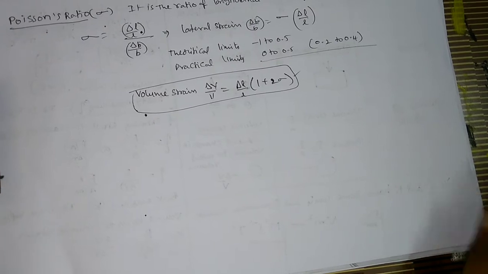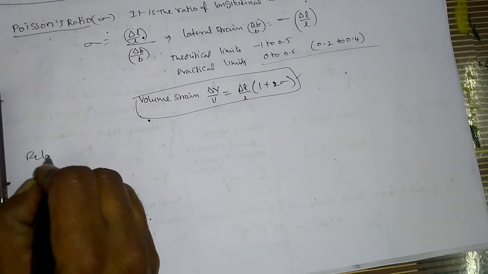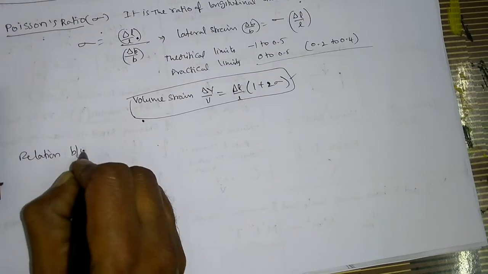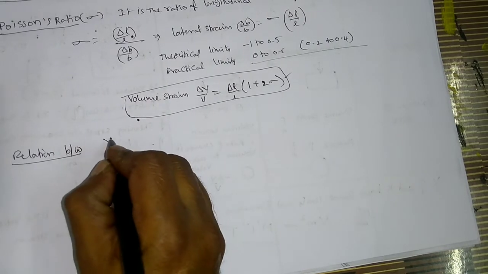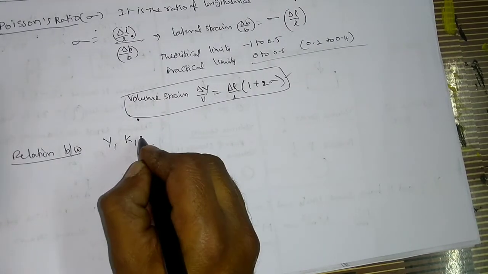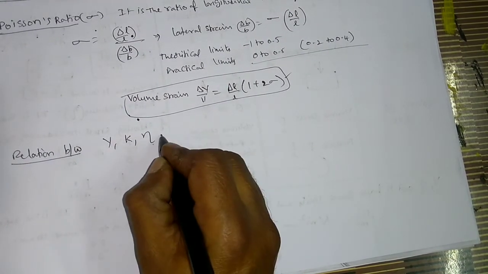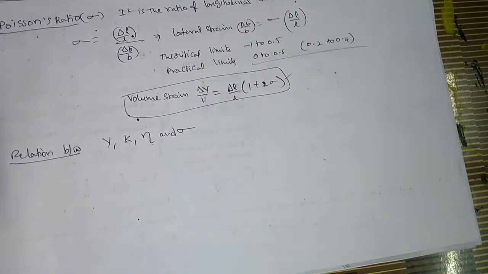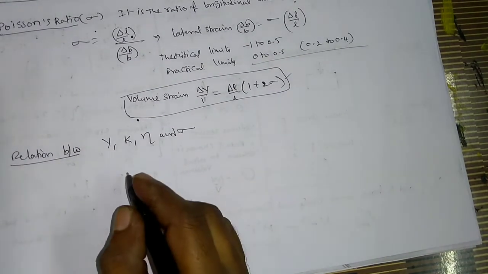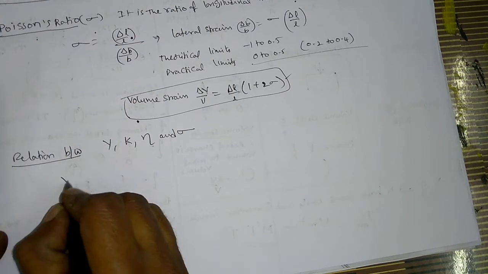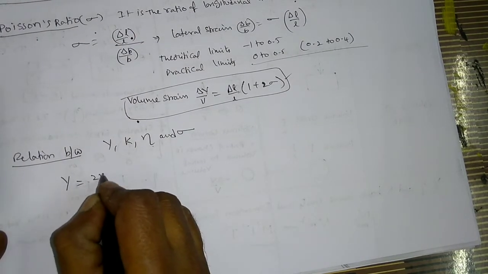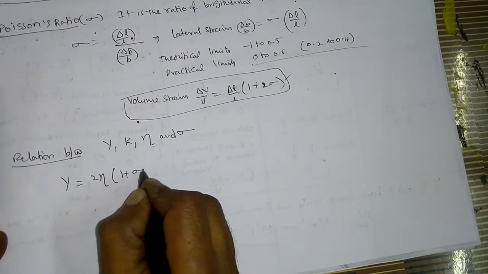Some more relations between Young's modulus, bulk modulus, rigidity modulus and Poisson's ratio. The first relation: Young's modulus Y is equal to 2 eta into (1 plus sigma).